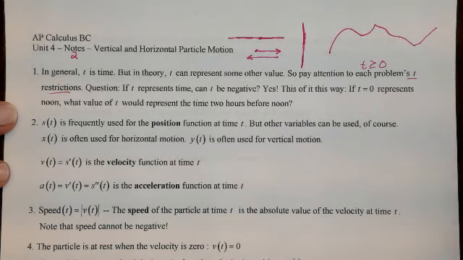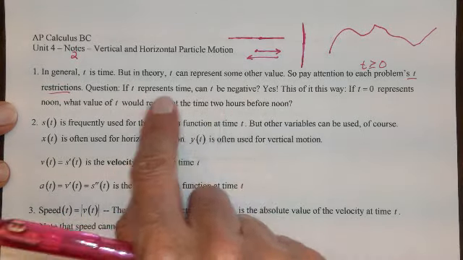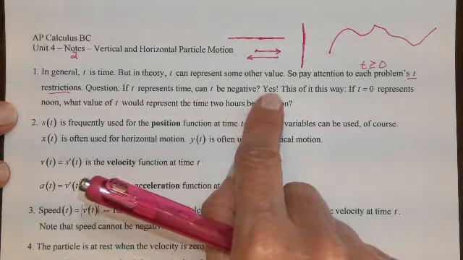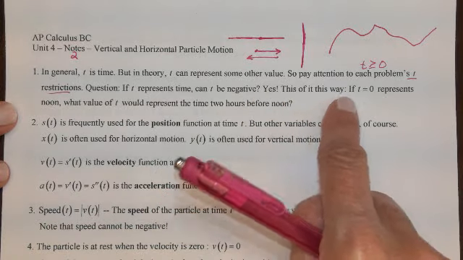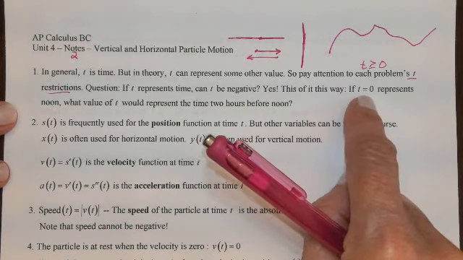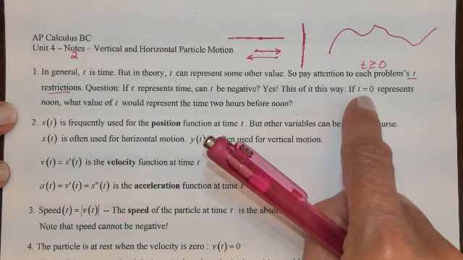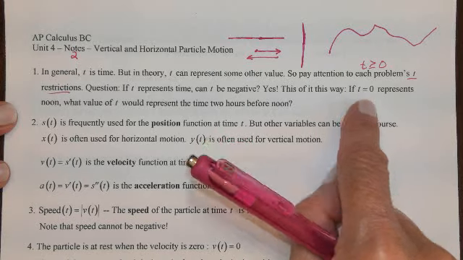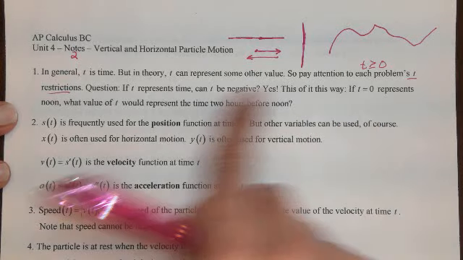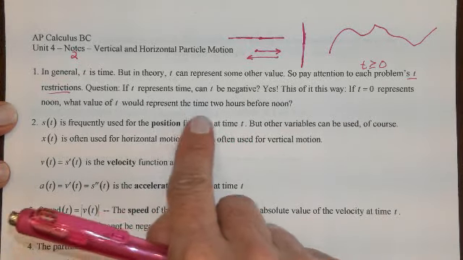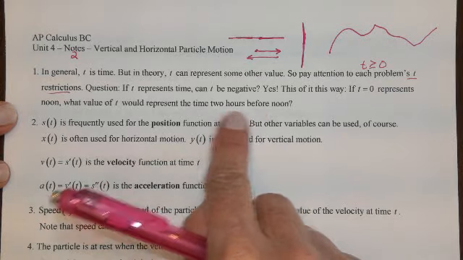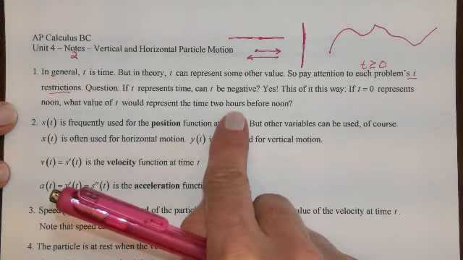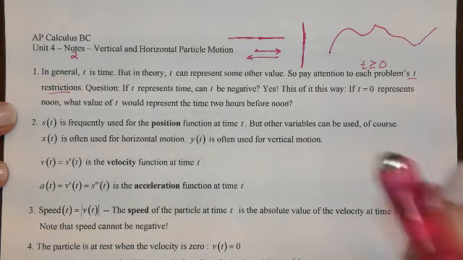Know this though, t can be negative even if it's time. This is the example I give for why t could be negative even if it represents time. So if t equals 0 represents noon, then t equals negative 2 would represent 10 a.m., 2 hours before noon.